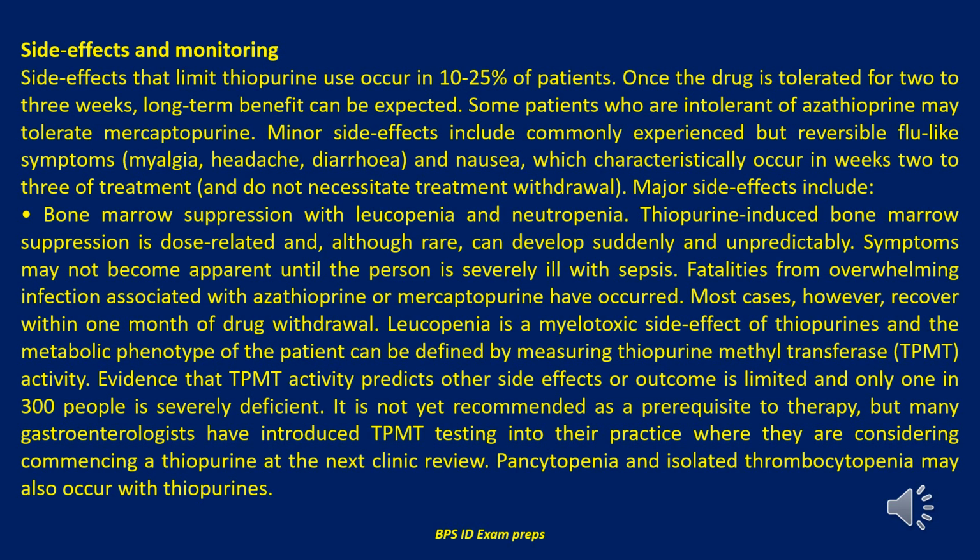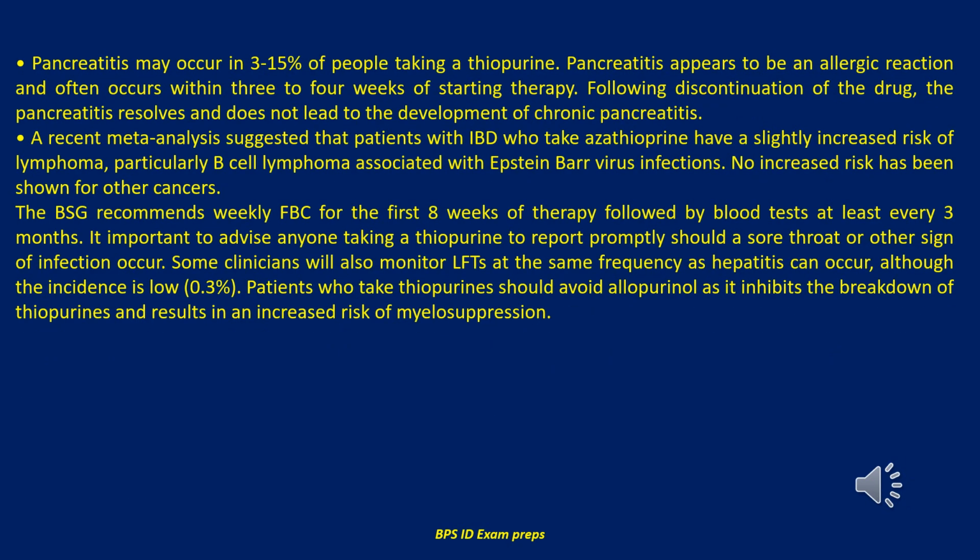Pancytopenia and isolated thrombocytopenia may also occur with thiopurines. 2. Pancreatitis may occur in 3 to 15% of people taking a thiopurine. Pancreatitis appears to be an allergic reaction and often occurs within 3 to 4 weeks of starting therapy.